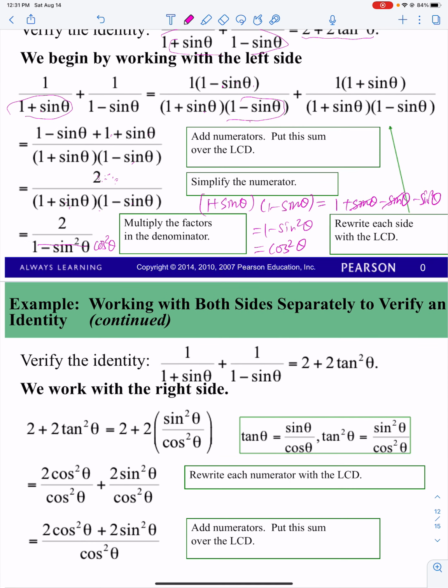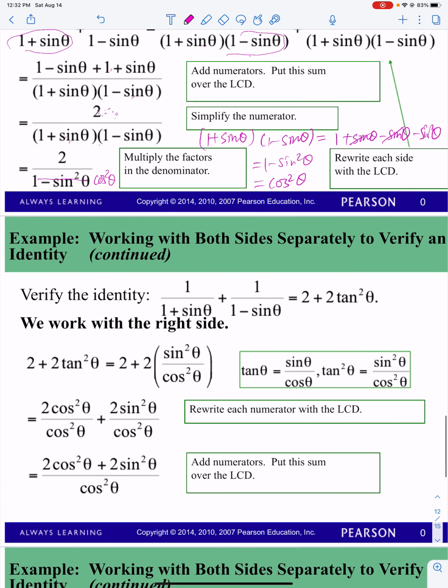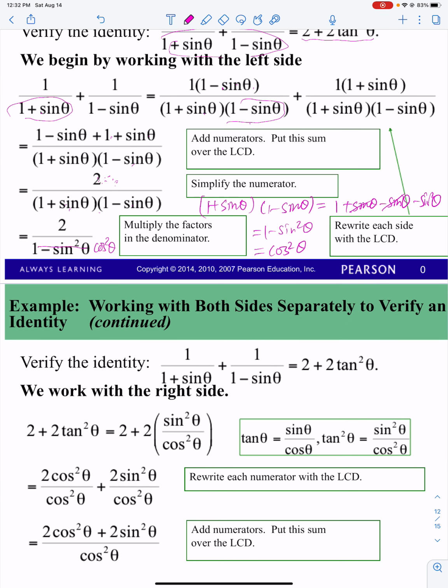Okay, so I think we are using a different method, but you can use this method. We can continue with our method. So what we have is 2 over cosine squared theta. What is 1 over cosine squared? Secant squared. And what is secant squared?